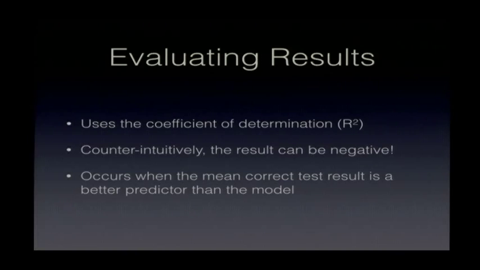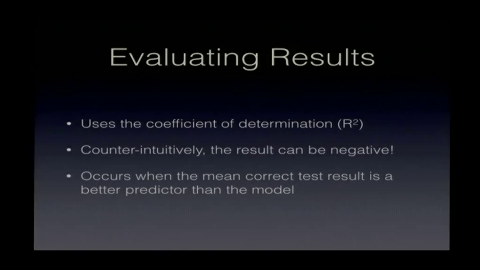The way that it's calculated is basically using the ratio of the squares of the differences between the correct result and the predicted result over the squares of the differences between the correct result and just the average of all the correct results.